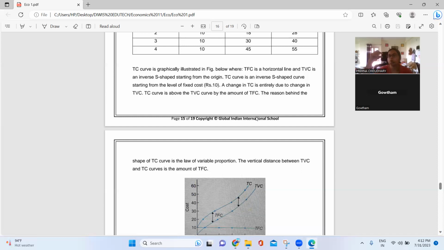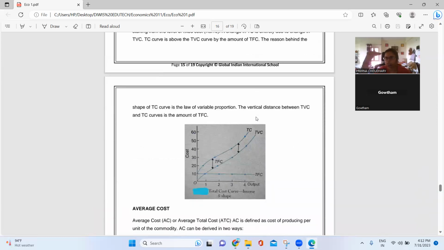Whatever the amount of TFC, the gap between TC and TVC will be that much only. Simple logic. So the curve also follows the same. The reason behind the shape of the TC curve is the law of variable proportion. The vertical distance between the TVC and TC curve is the amount of TFC.